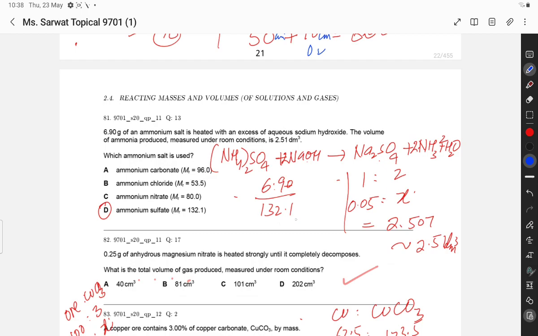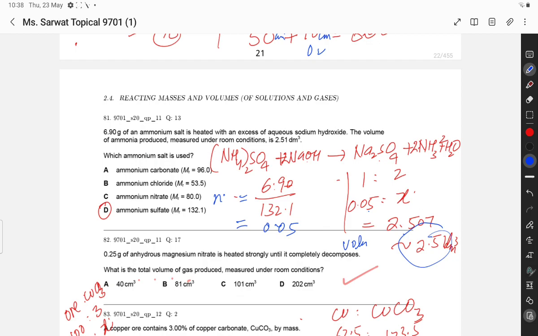6.90 divided by 132.1 is the mole of ammonium sulfate, and the moles are 0.05. By using the mole ratio 1:2, the ammonia gas is 2 moles, so 0.05 gives x, and we get 0.1 mole, and the volume is 2.5 dm cube of ammonia gas.